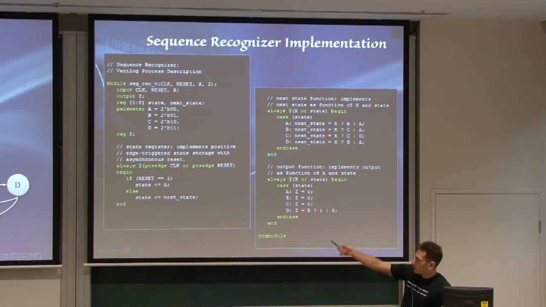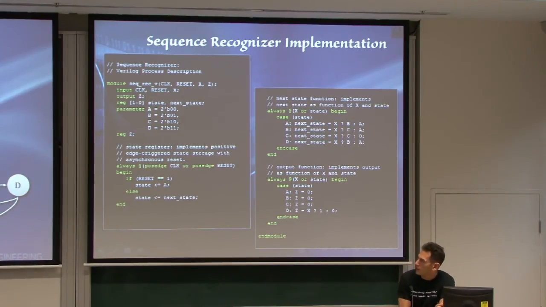Similar thing when I'm calculating the output, in a very similar idea, I'm saying if my current state changed or my input X changed, then according to the table there, if I'm in states A, B, or C, Z will always output 0. So I don't actually need to check whether X is 0 or 1, because it's redundant.